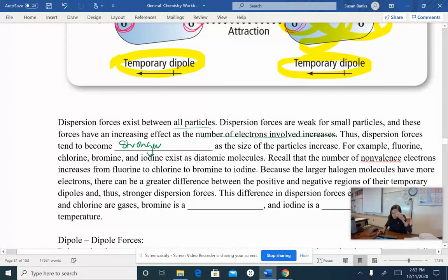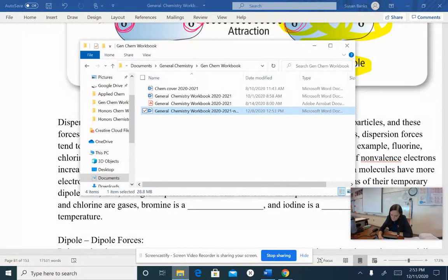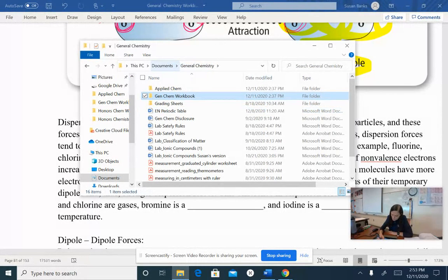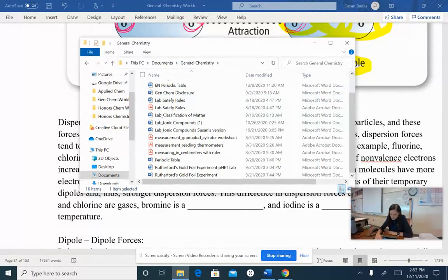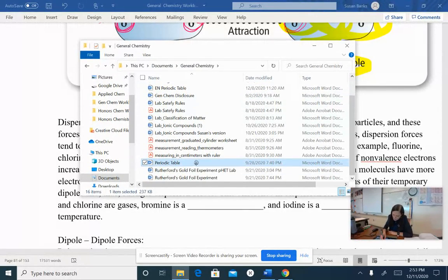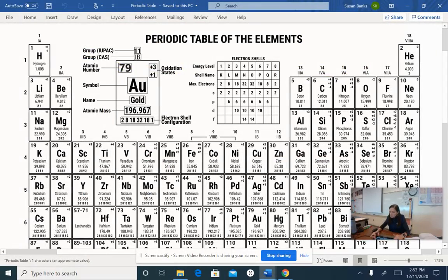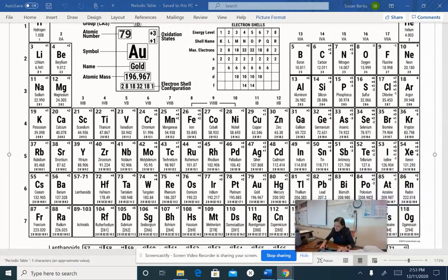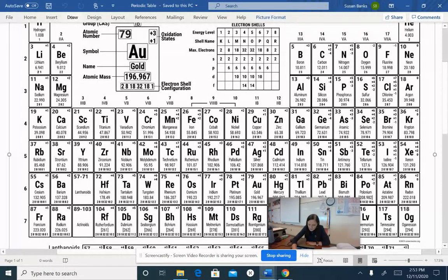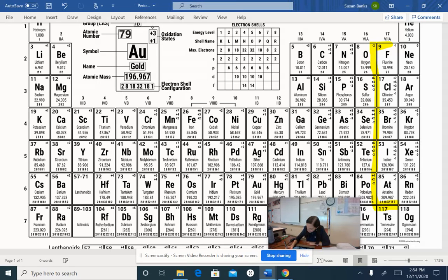For example, fluorine, chlorine, and bromine. Let's get out my periodic table. If I look at my halogens, fluorine, chlorine, bromine, iodine, these are all nonmetals, by the way.